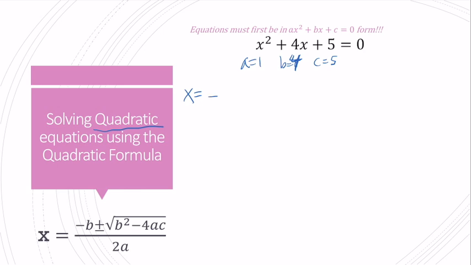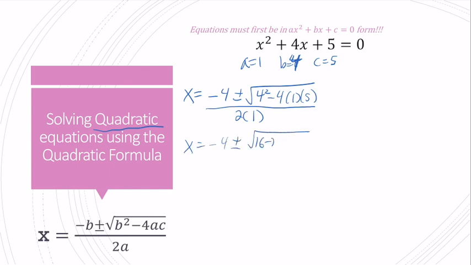So I have x equals negative 4 plus or minus the square root of b squared minus 4ac all over 2a. So x is negative 4 plus or minus the square root of 16 minus 20 all over 2. Well, if I take 16 minus 20, that's a negative 4. That's going to be an imaginary number.